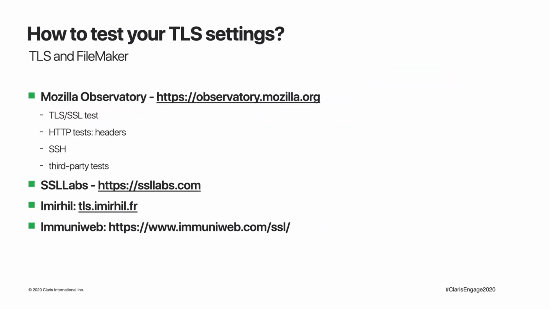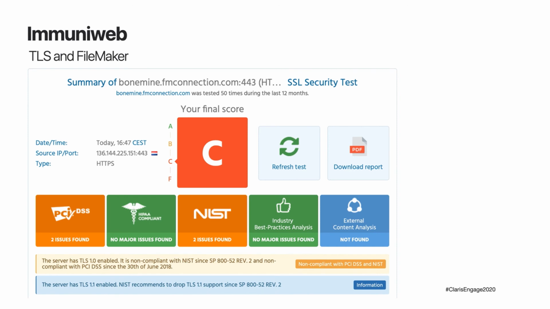How do you test your TLS settings? There are several websites that offer a service to test your TLS settings and tell you if you have a safe and compliant installation or not. One of them is ImmuniWeb.